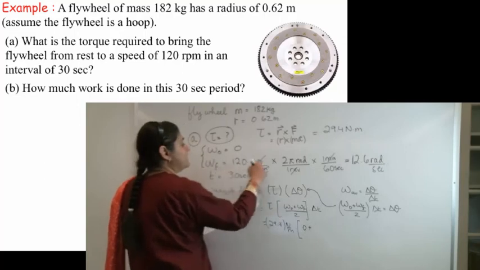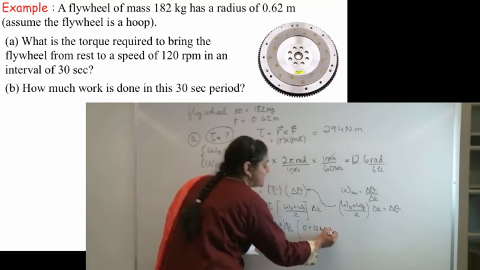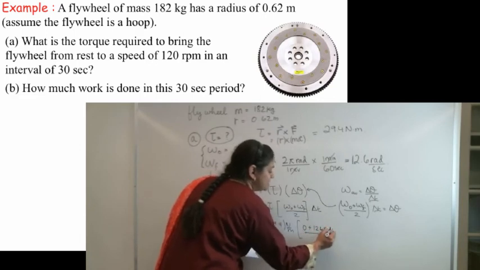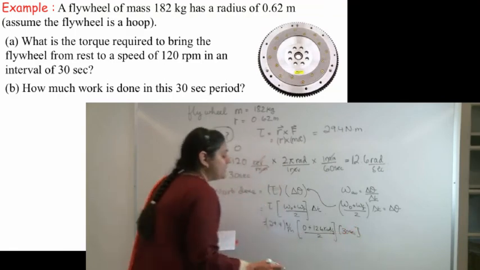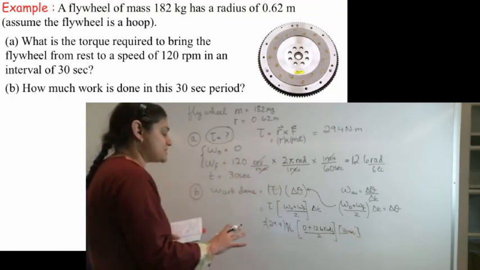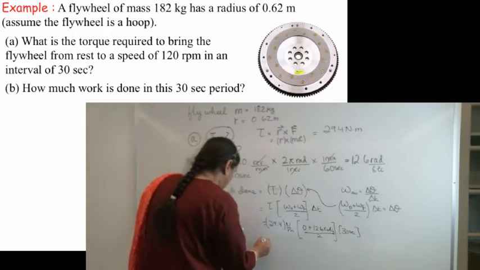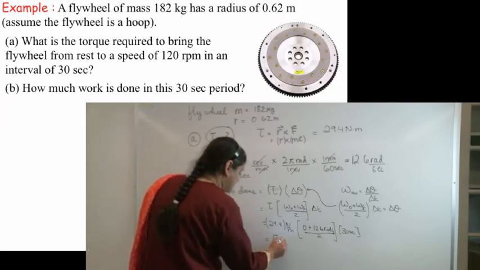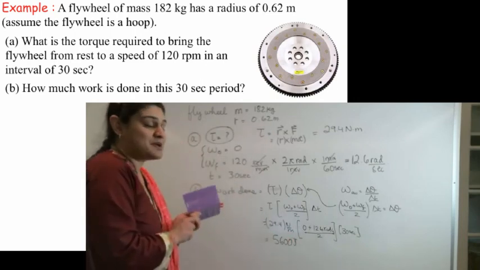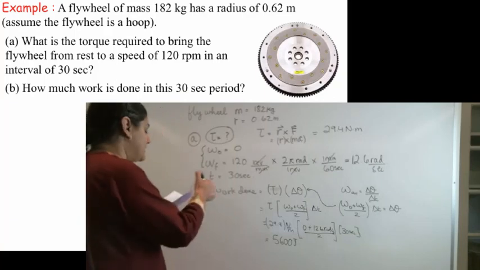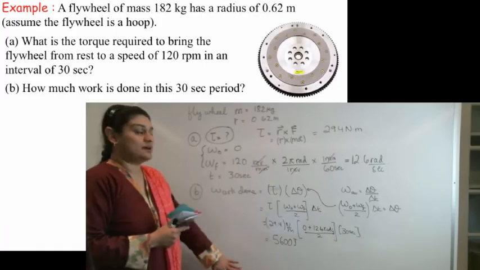We know omega final is 12.6 radians per second, divided by 2, and we know delta t is 30 seconds. Okay? Once we have all of this information with us, all we have to do is plug it into our calculator and come up with an answer, and for me it comes out to be 5600 joules. Okay? But please make sure you do it for yourself in order for you to appreciate what all the steps are as we see them.